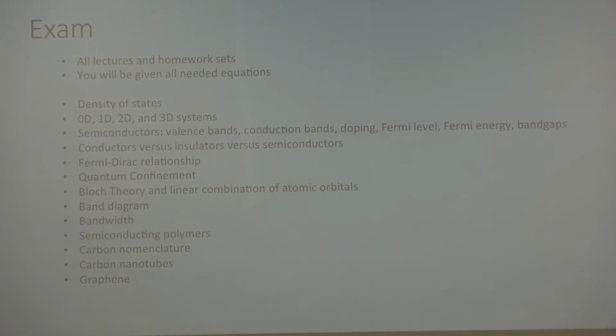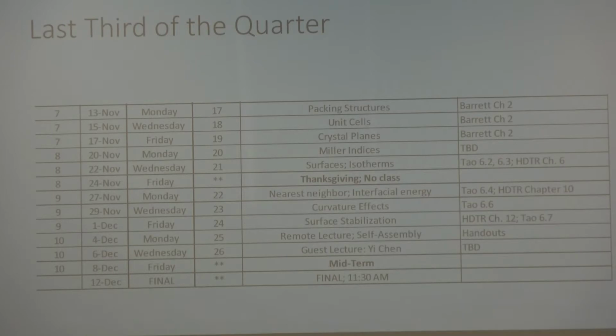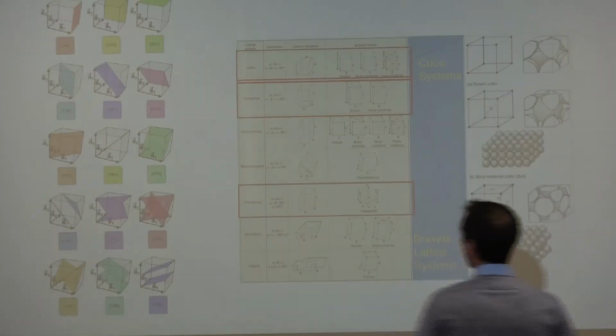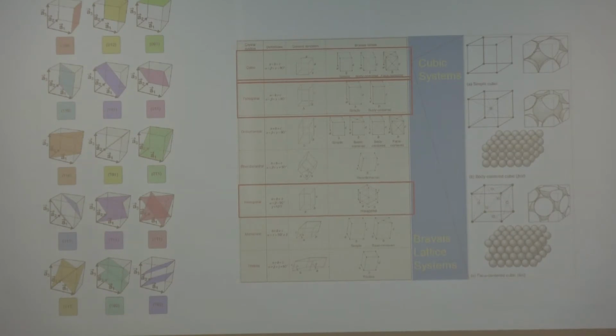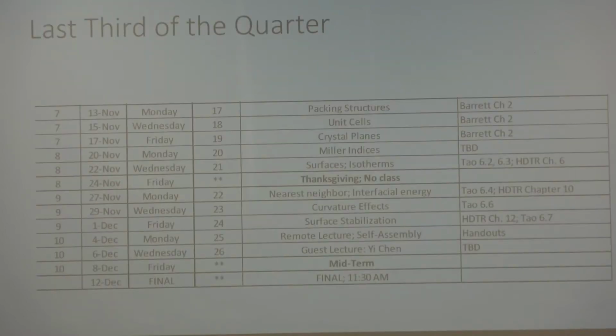Okay. So now as I'm thinking forward into the last third, how much of this stuff do you guys know? This Miller indices? You've seen this. A whole quarter on this kind of stuff, Miller indices. Okay. So I wonder if that's a new convention because last year she spent a lot of time on it.